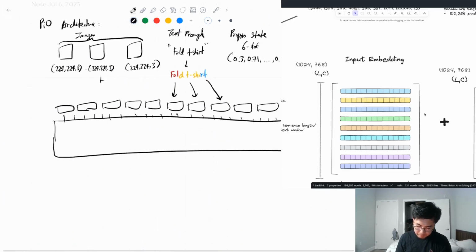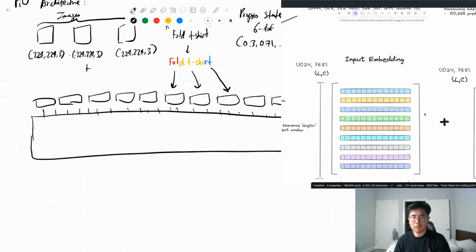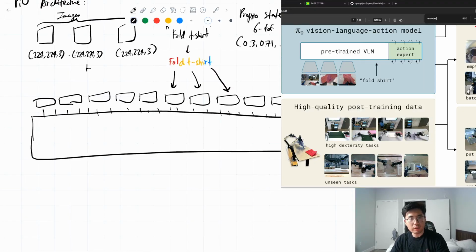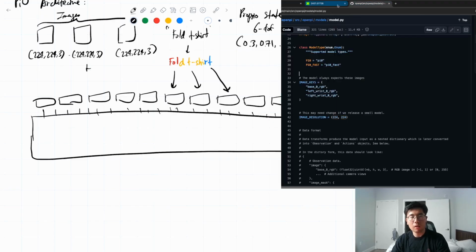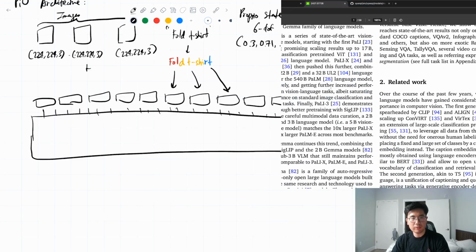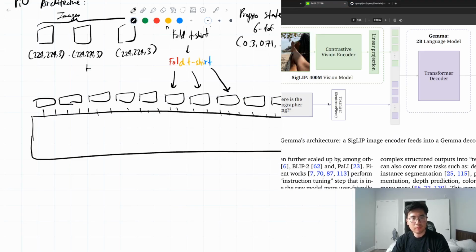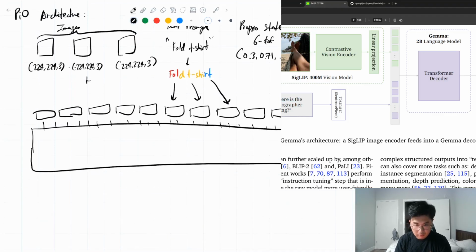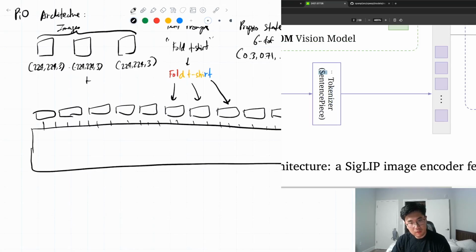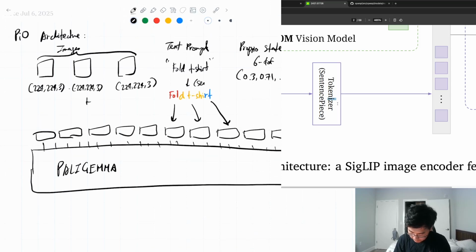Maybe let's first spend some time trying to understand how this VLM accepts these tokens, which I'm not super familiar with. It seems like they use SentencePiece, because this is like Pi0.